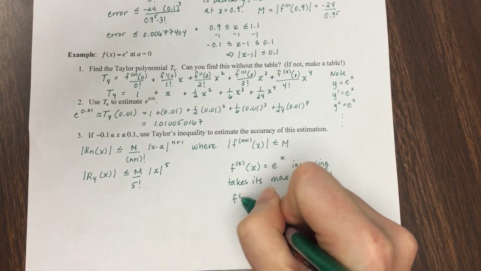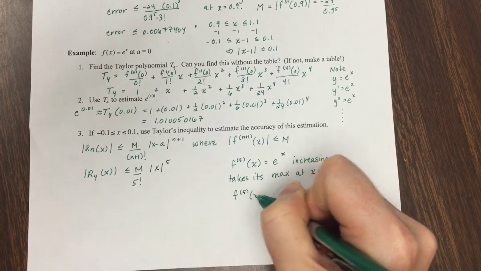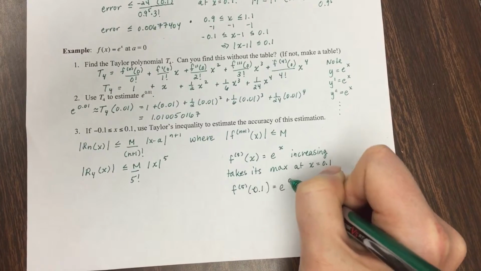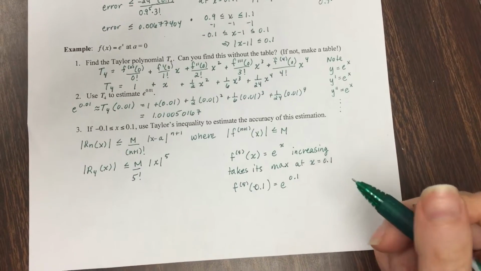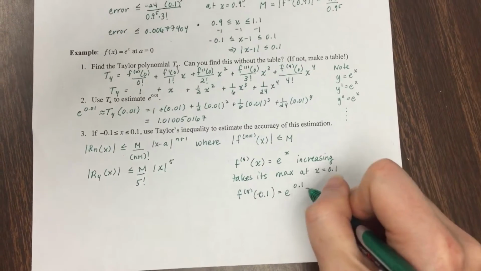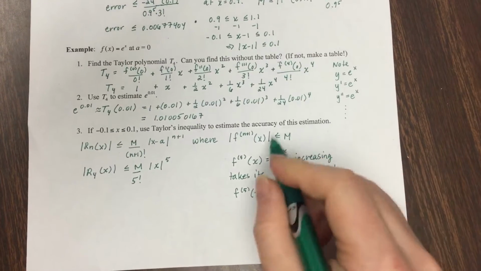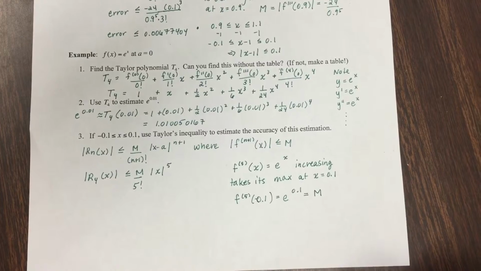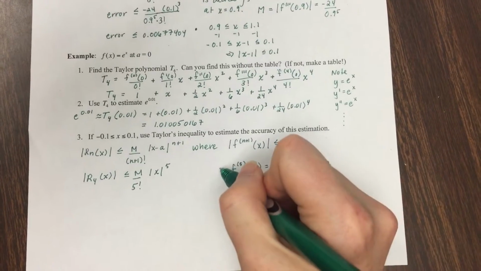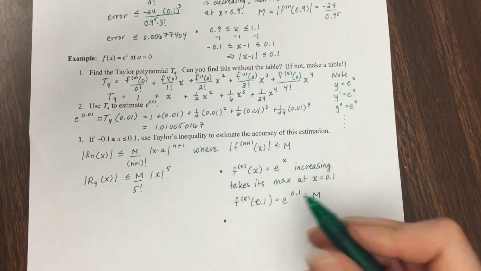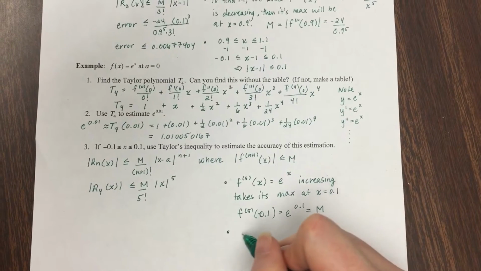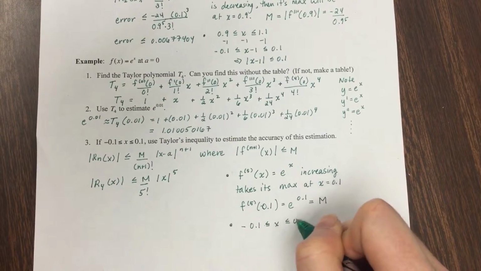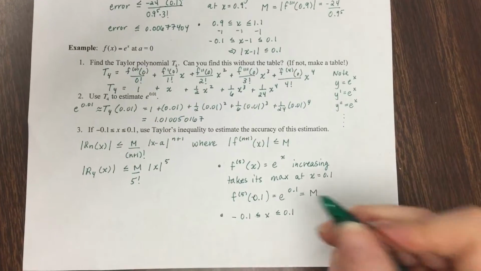So I'm going to plug in 0.1 here. I need to get e to the 0.1, and I can let that be my M value, the maximum or this boundary value. And I don't need the absolute value because this is a positive number. Also let's think about how x is bounded: negative 0.1 and 0.1 was where x was living.